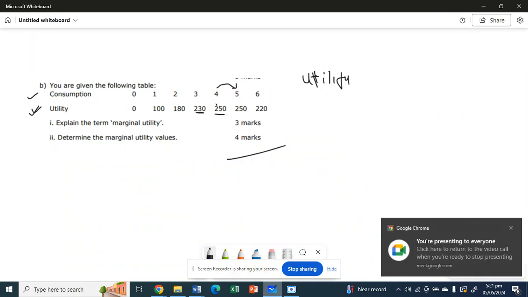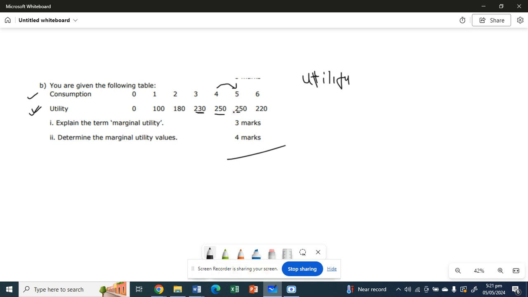When we consume the fifth good, our utility is still at 250 here. When we consume the sixth good, we notice that our satisfaction starts to reduce. So as I'm going to solve this question, I'm going to illustrate to you the law of diminishing marginal utility.